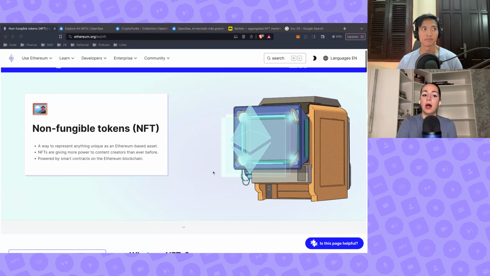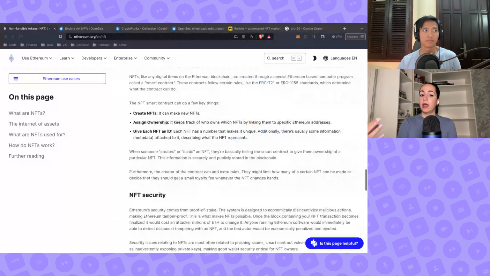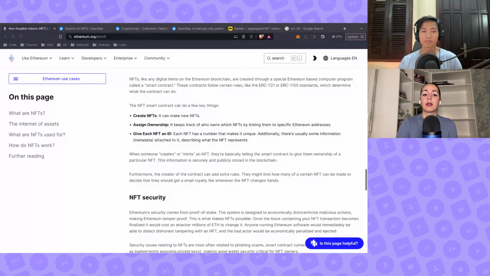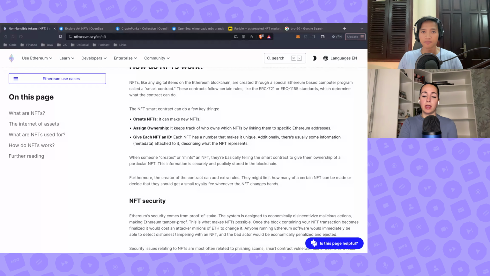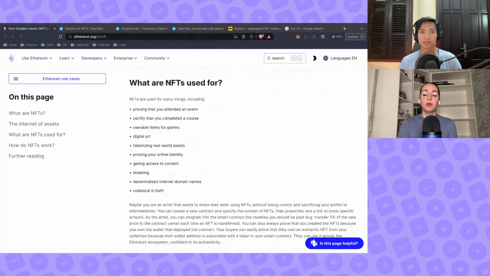Actually, how NFTs are designed is that you can create the NFT or the collection. We will see it after in the NFT marketplace. You assign the ownership of that NFT, and each NFT has an ID. That is what makes the NFT unique. So what can it be used for? Actually, the utility is limited, I think.